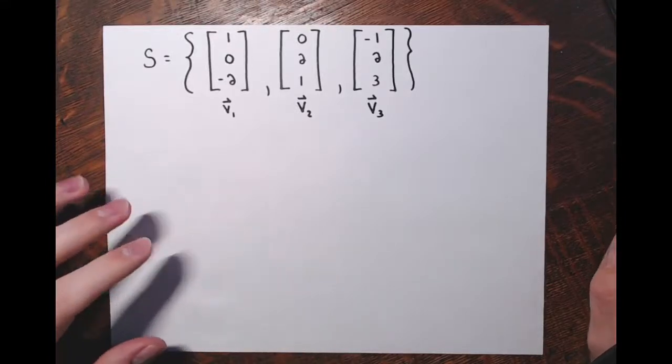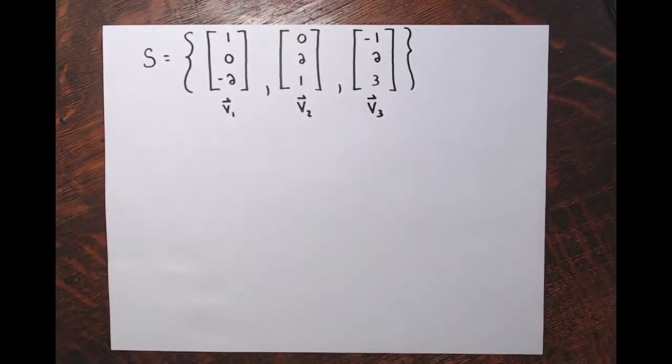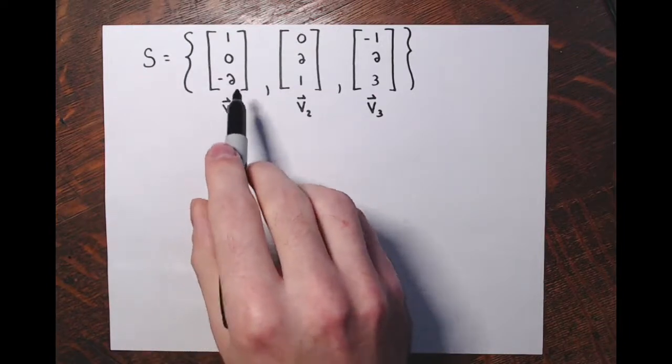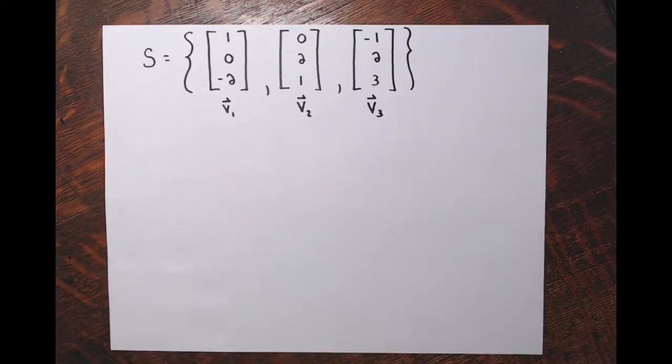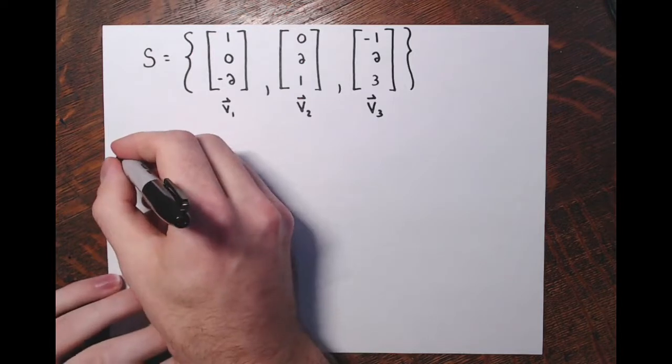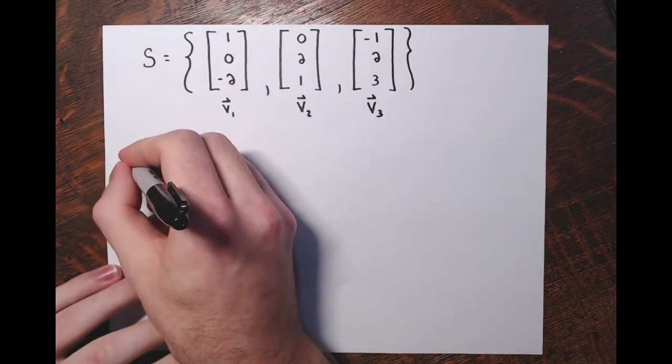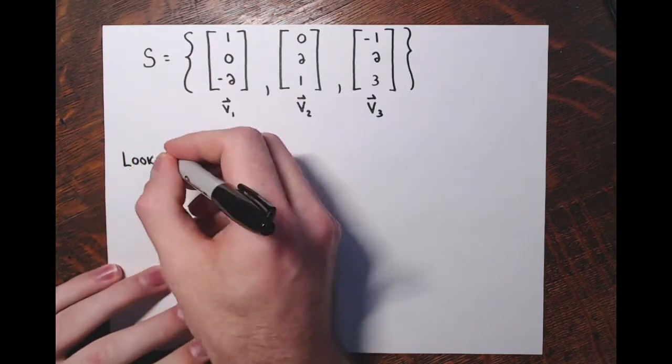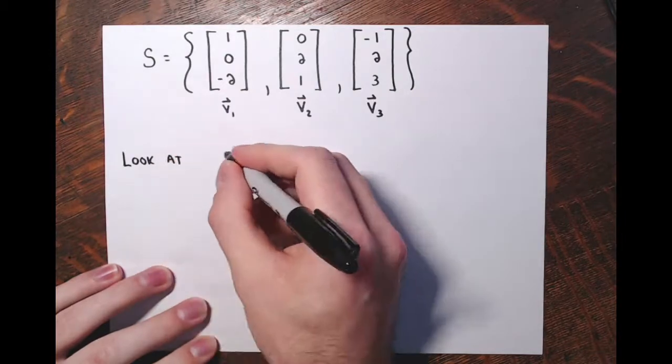Okay, so here's this set of three vectors, and again we're asked, are these three vectors linearly independent or linearly dependent? They're called v1, v2, and v3 in the example. So in order to determine independence or dependence, remember, we're going to look at this equation.